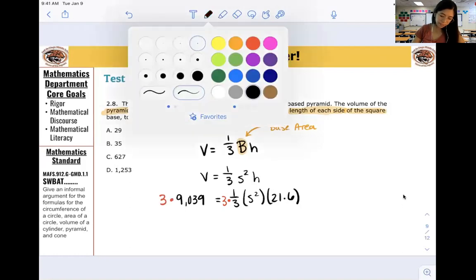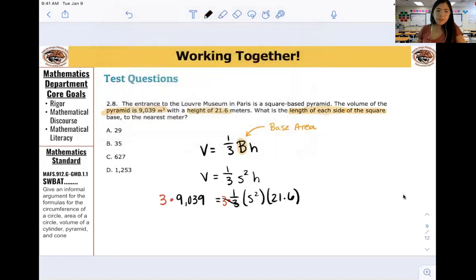You can have a calculator on this problem. 3 times 9,039 gives me 27,117. Now what?